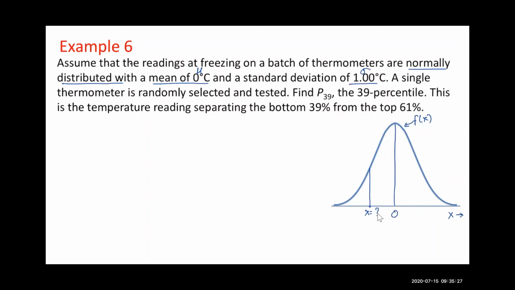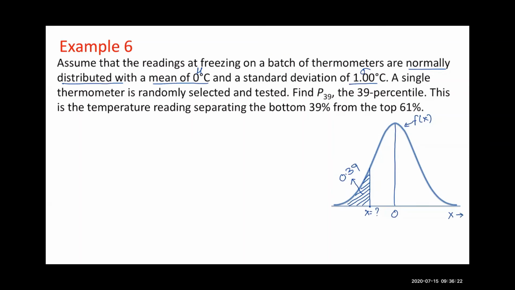So the area you want to label here is 39%, or 0.39. Now we need to find this x value. What is the x value for which the area is 0.39?